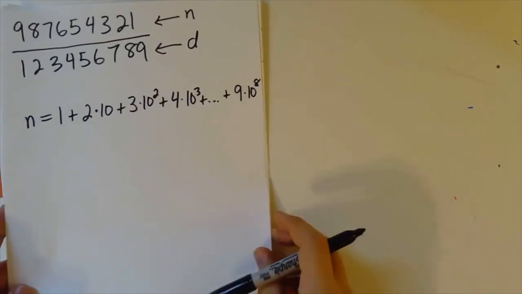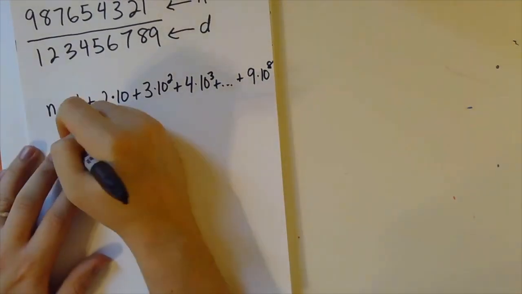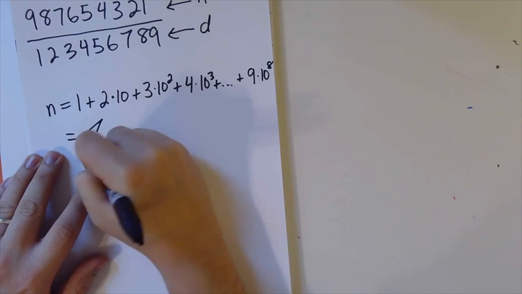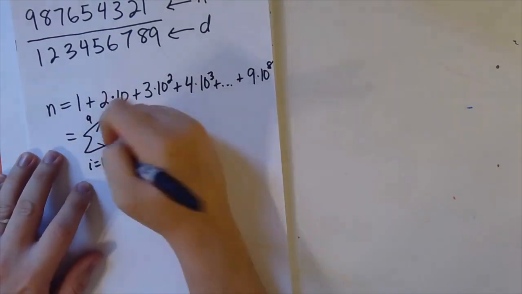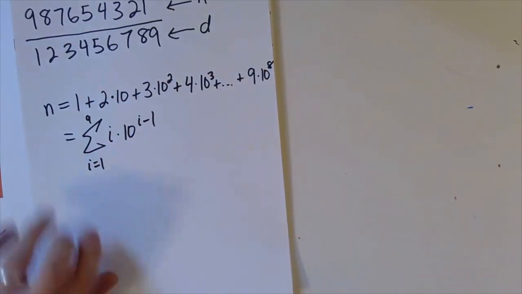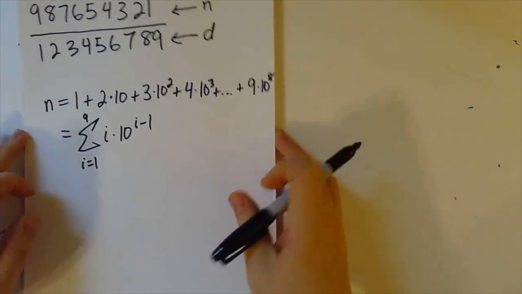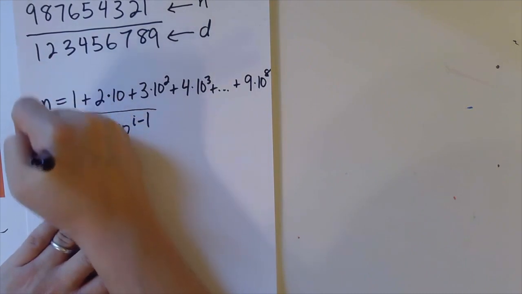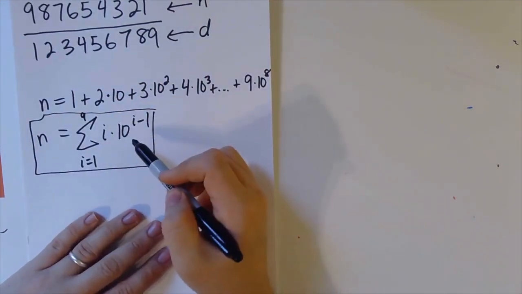Okay, so here is our number. And so I could write that as the sum as i goes from 1 to 9 of i times 10 to the i minus 1. Okay, I want to take a step back in thinking about this number, and I want to sort of throw the 10 out for the time being.